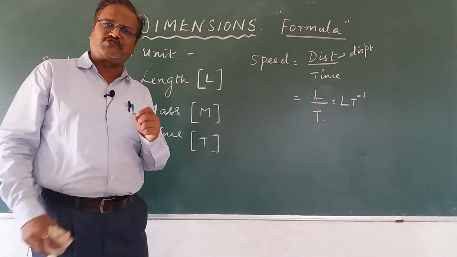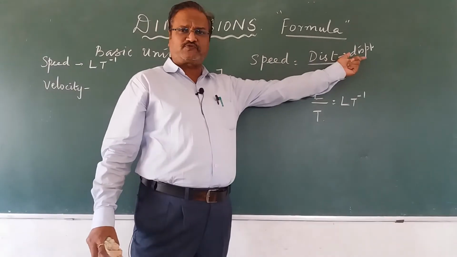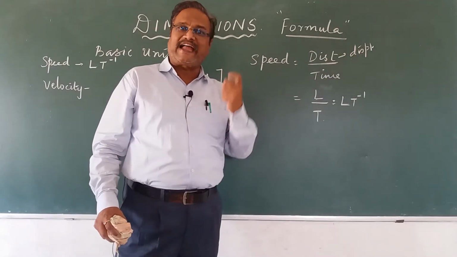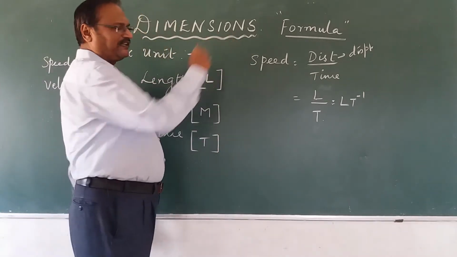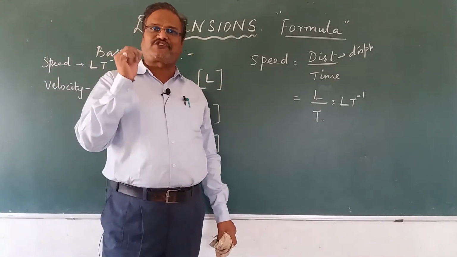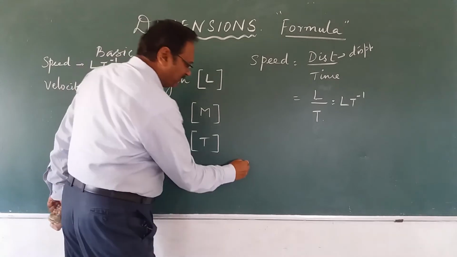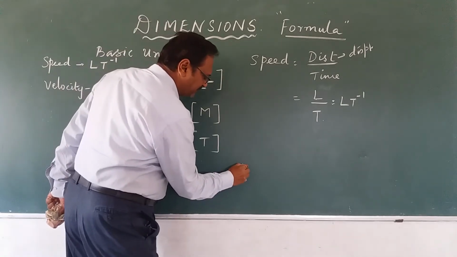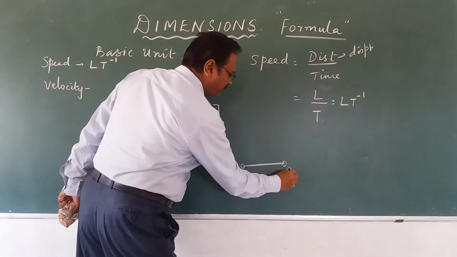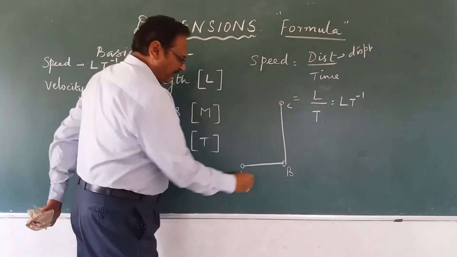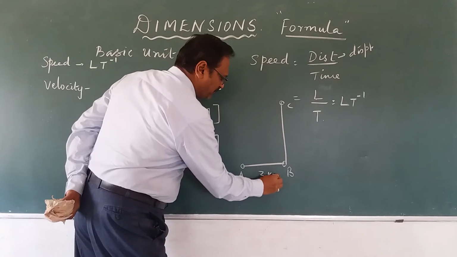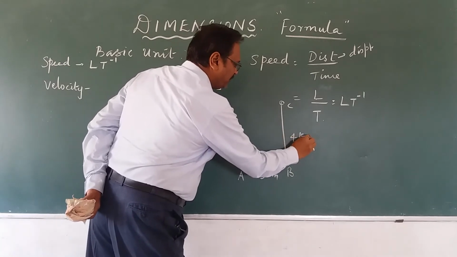Now what is the difference between distance and displacement? Distance is the actual path covered by a body, and displacement is the shortest distance between the start and end points. For example, I take a position A, the body moves to the point B and then perpendicularly to the point C. AB is 3 kilometer and BC is 4 kilometer.